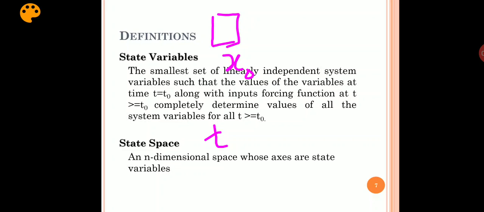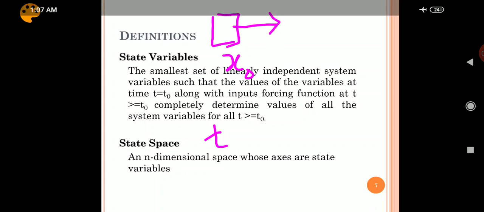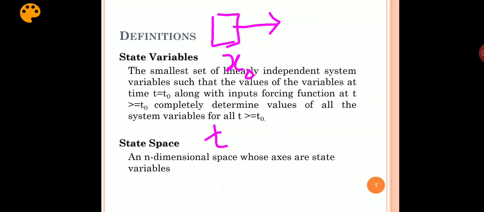Now suppose the object is moving in one dimensional direction with a uniform speed, or I can say uniform velocity. Suppose I want to know the position of the object at any point of time, then what are the things that I need to know?